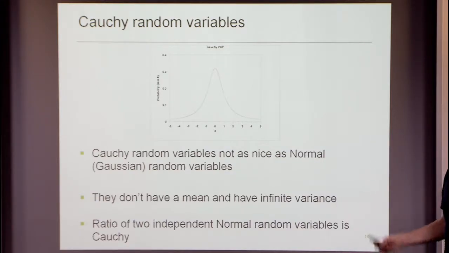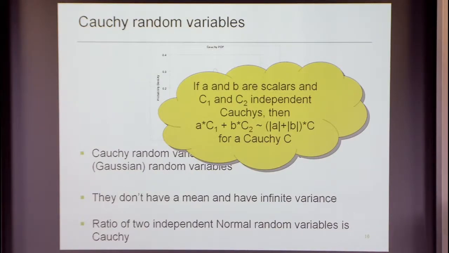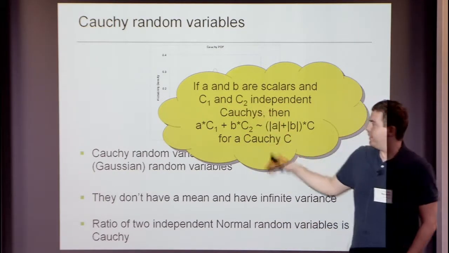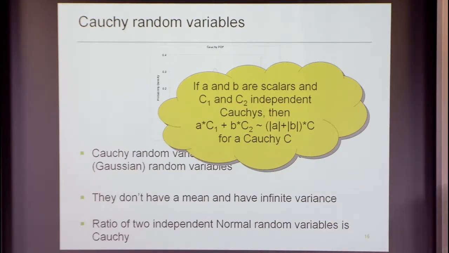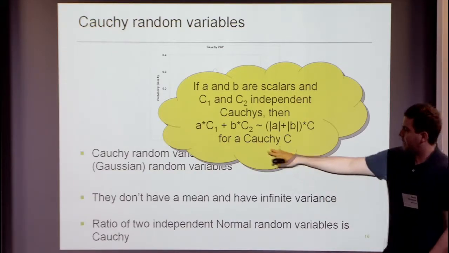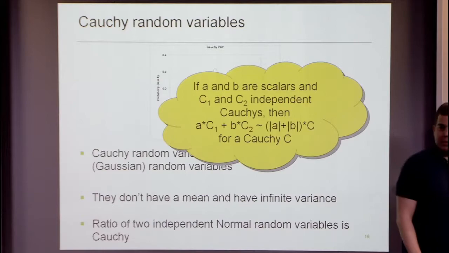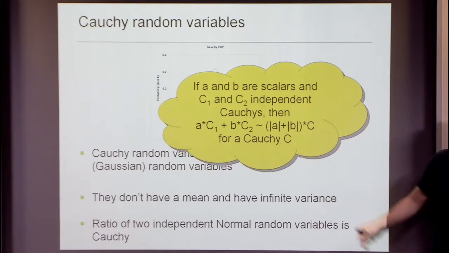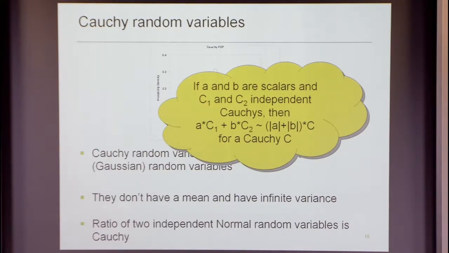So what is the property that makes these useful? The property is that they're 1-stable. What does that mean? If A and B are scalars, and C1 and C2 are independent Cauchy random variables, then A times C1 plus B times C2 is equal in distribution to the absolute value of A plus the absolute value of B times another Cauchy random variable C. So they carry L1 information.